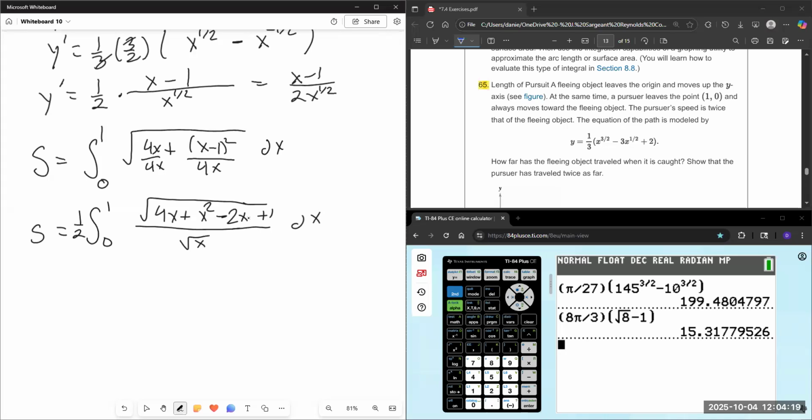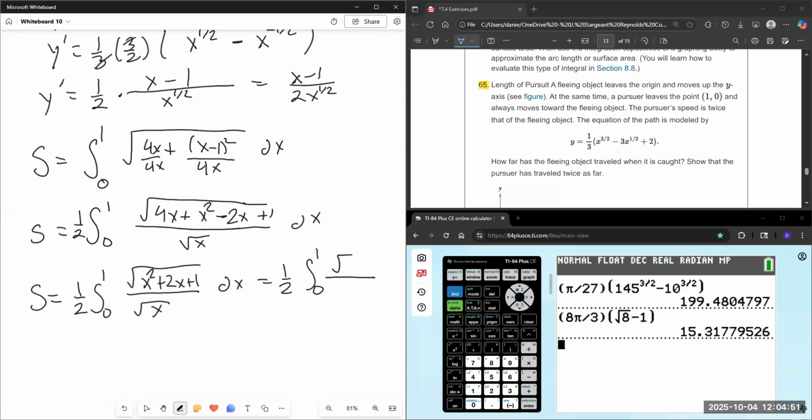And so s is 1/2 of the integral from 0 to 1 of, with square root of x down here, the root, let's write this in descending order, x squared plus 2x plus 1 dx, is 1/2 the integral from 0 to 1 of root x plus 1 quantity squared over square root of x dx.